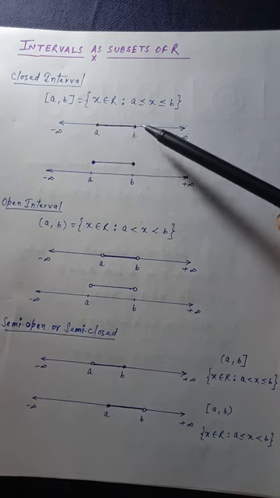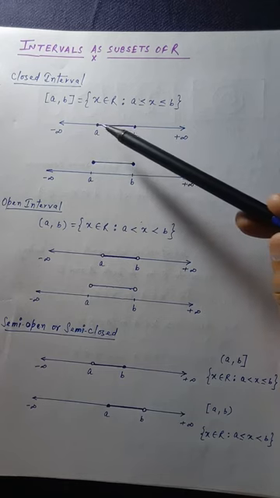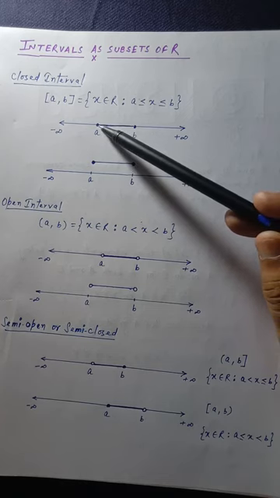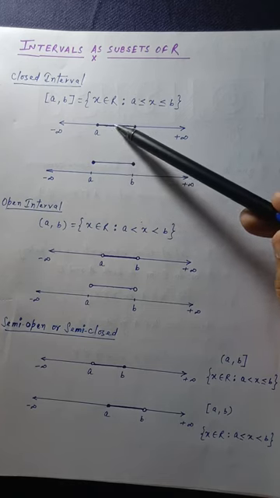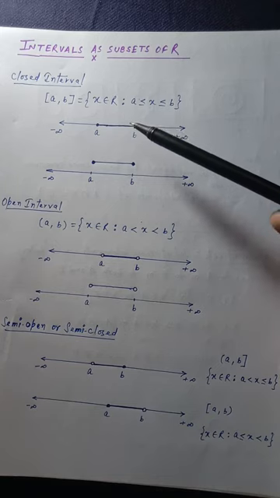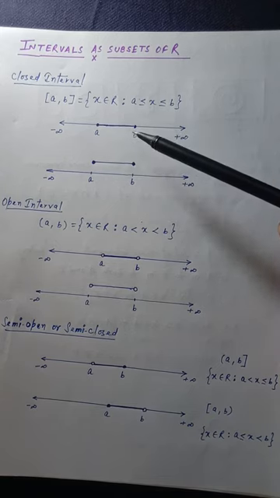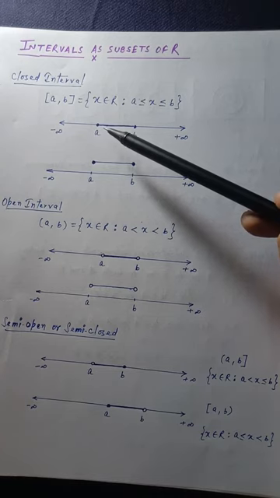Solid circle means we are taking the corner values as well as all the values which lie between a and b. That's why you can see a thick line between a and b. Thick line means there are infinite values of x here.